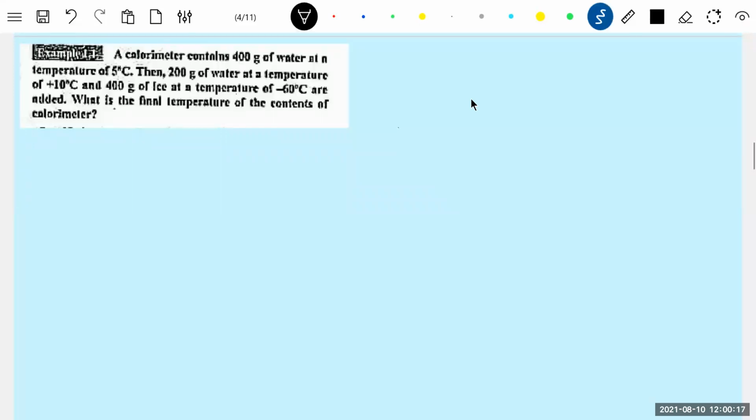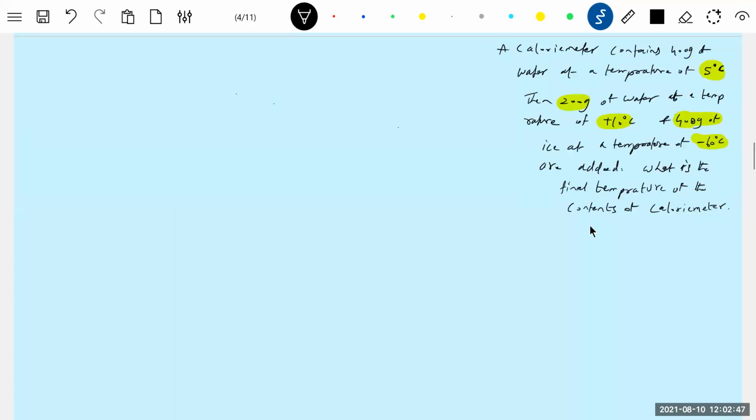I'll write down what is there. This one, a calorimeter. Let me start it. So it is having initially some 400 grams of water at 5 degrees Celsius. To this, 200 grams of water at 10 degrees Celsius will be added.